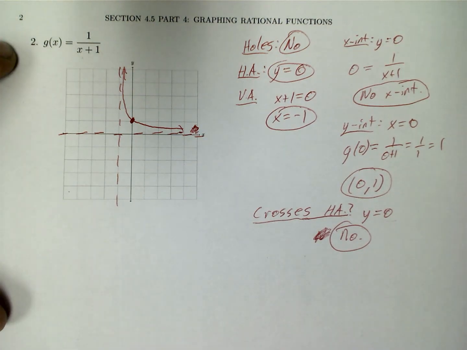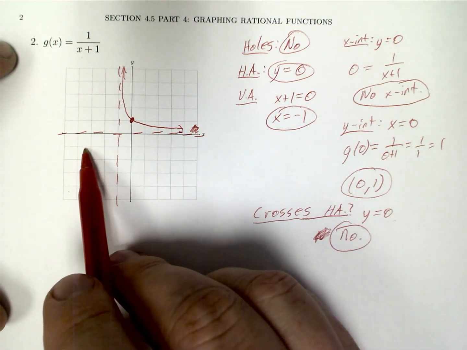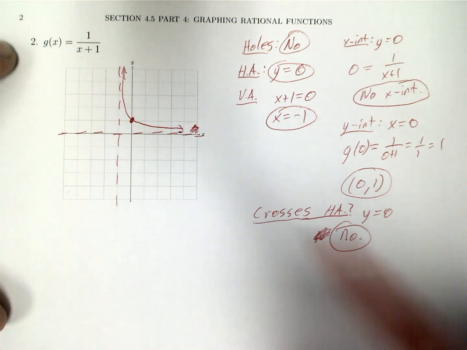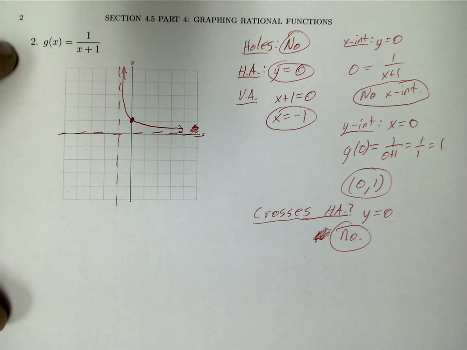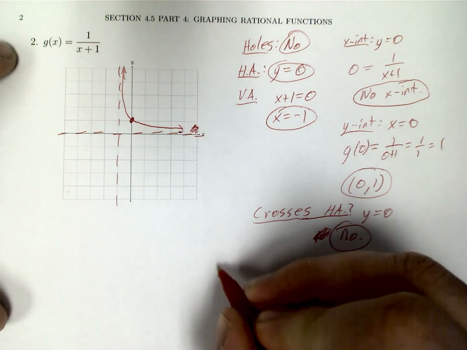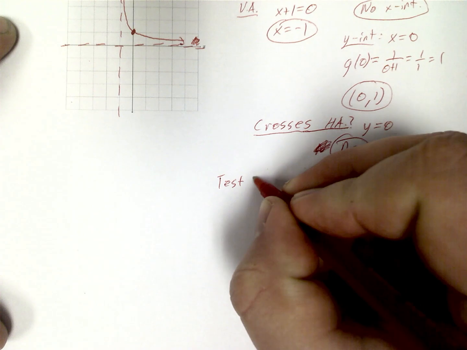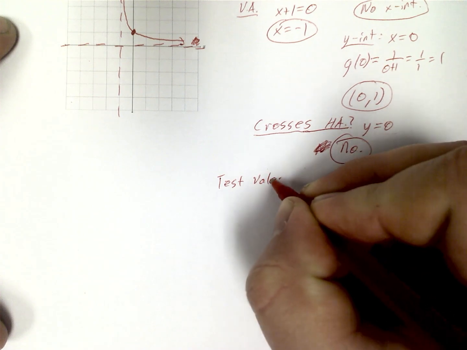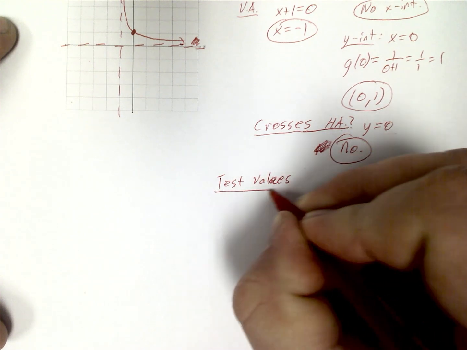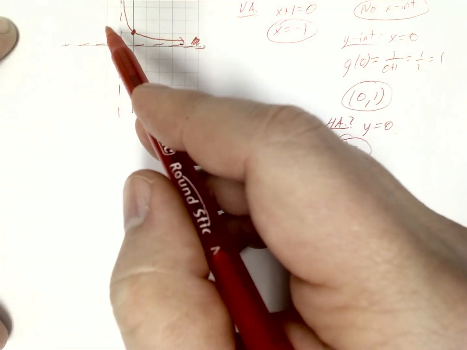All right. But what about over here? We have no way of knowing. So this is the first time where we actually have to test values. And all we have to do is test one value and see if it's above the x-axis or below.